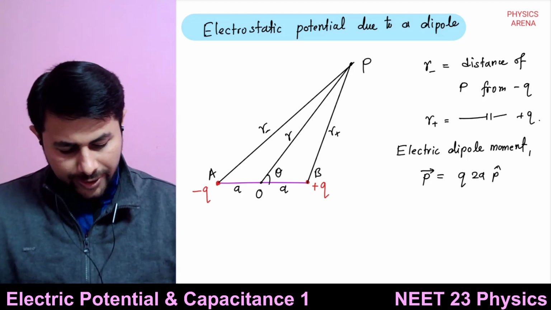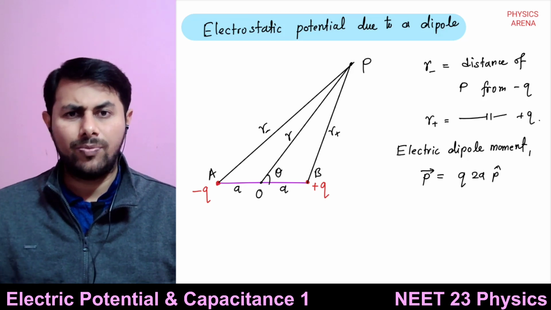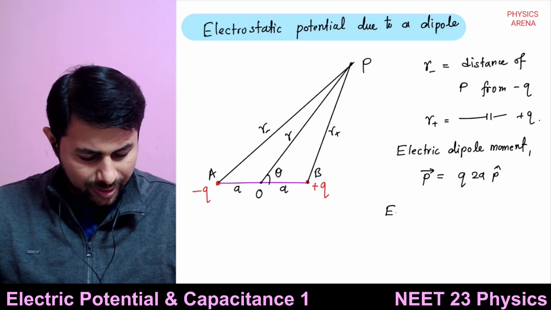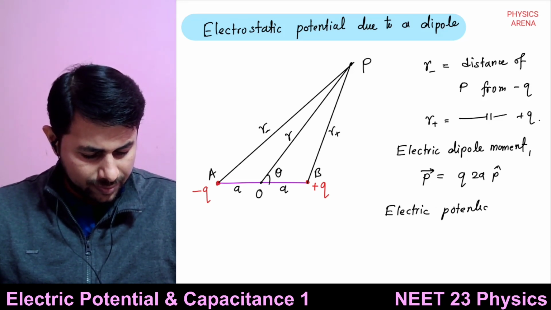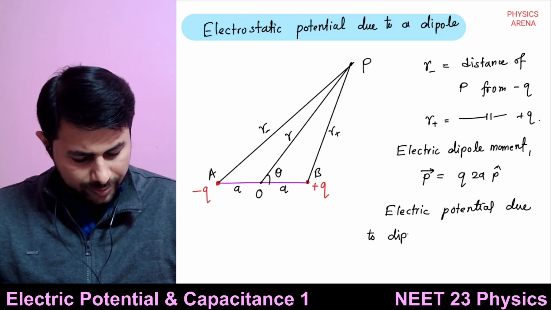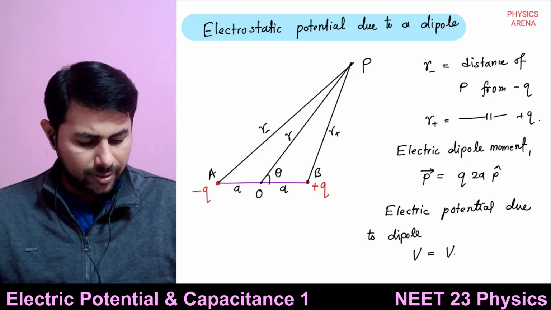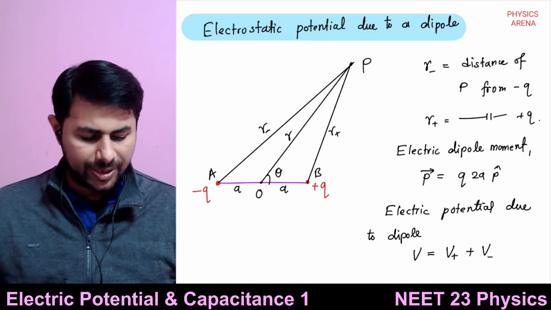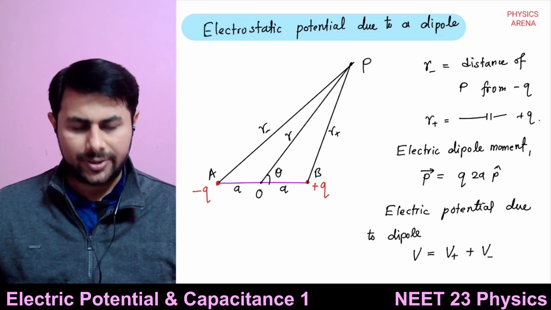Now this is simple. What is the electric potential due to n charges? It is just the sum of the potentials due to all charges, right? So the electric potential due to the dipole, let's call it V, is equal to V plus plus V minus. V plus is the potential due to the positive charge, and V minus is the potential due to the negative charge.